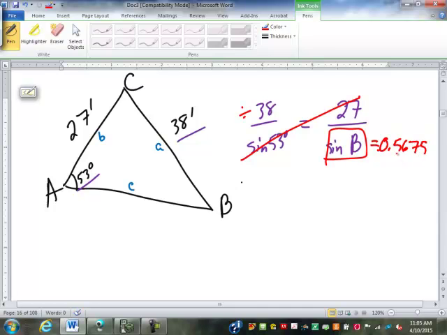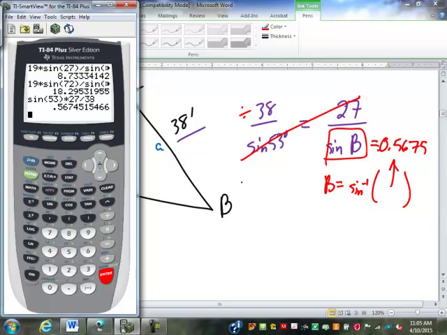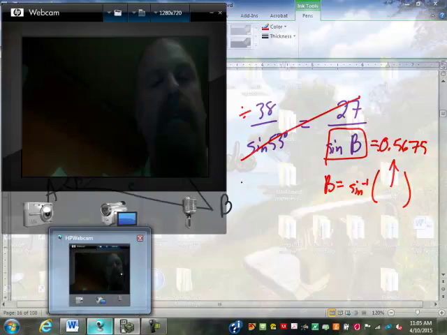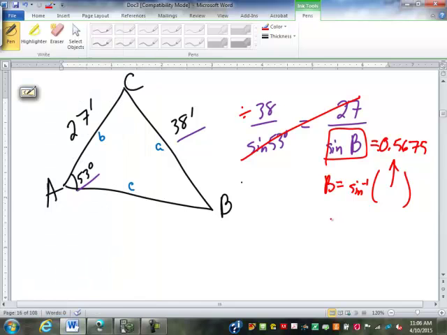But that is not the angle, that is the sine of the angle. The angle itself is going to be the inverse sine of that number. So in order to keep from writing it down and rounding it off, I'm going to do it right in the calculator. Second sine, and then second answer, telling the calculator to take the inverse sine of that previous answer. Close my parentheses, and I get 34.57 degrees.